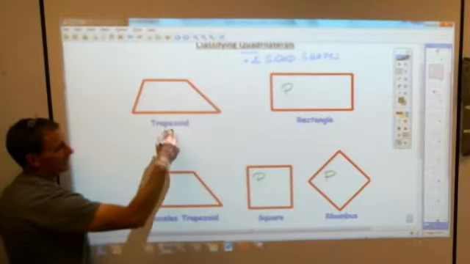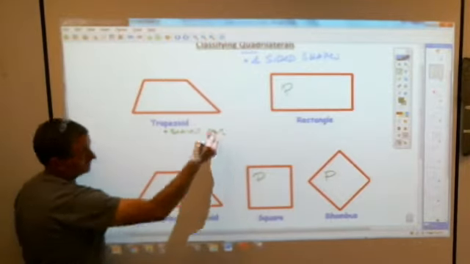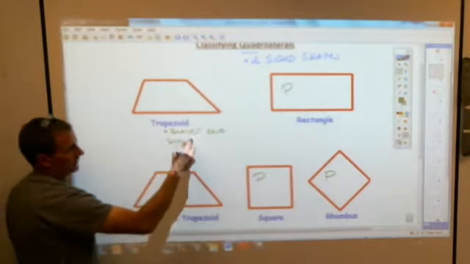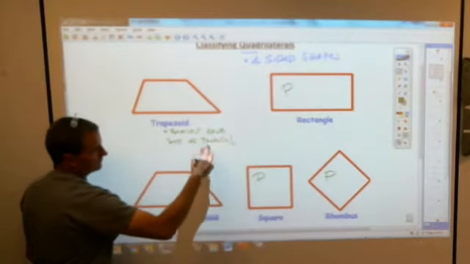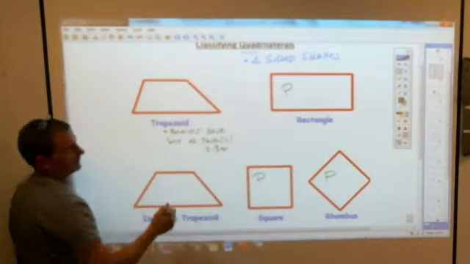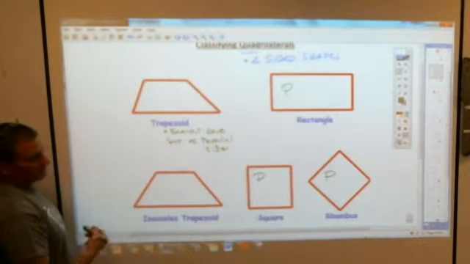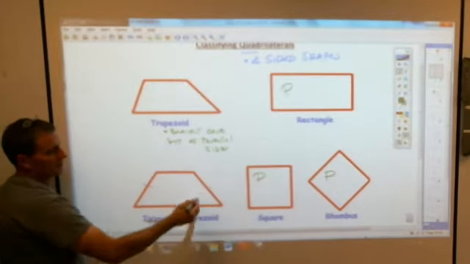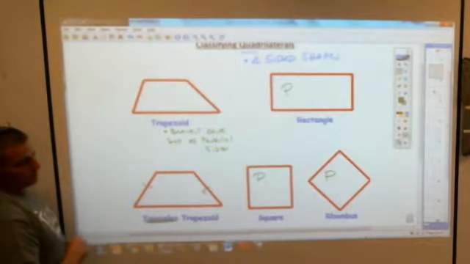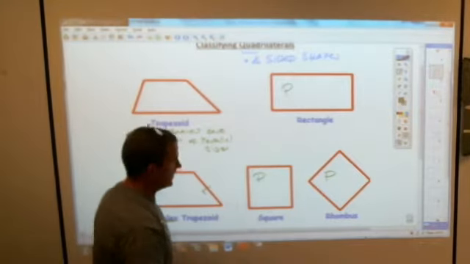Exactly one set of parallel sides. That is Mr. Trapezoid. And this one is just a special kind of trapezoid. If it's an isosceles trapezoid, just like an isosceles triangle, that means the two sides that aren't parallel are equal in length. Good. Now that we've got that out of the way, which one should we do next?